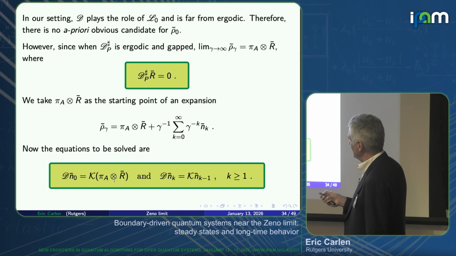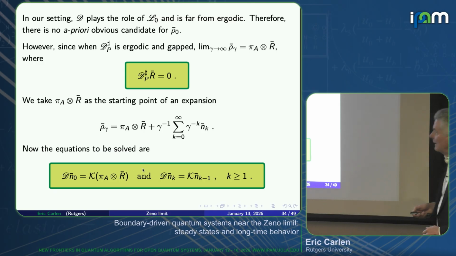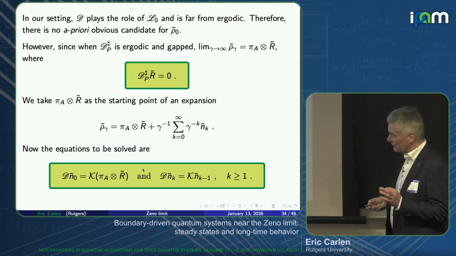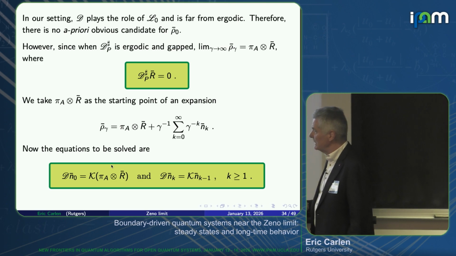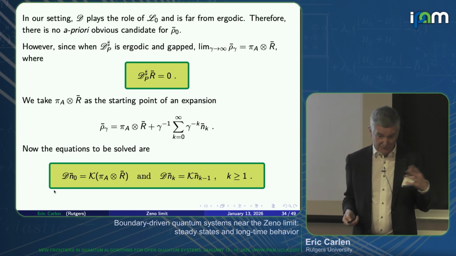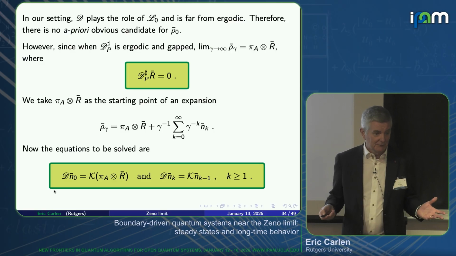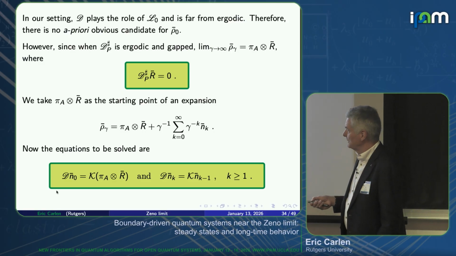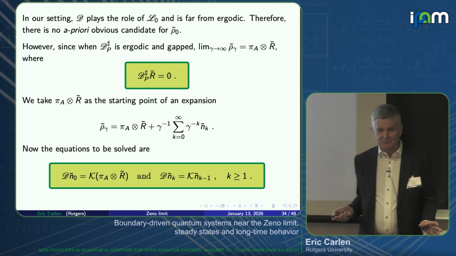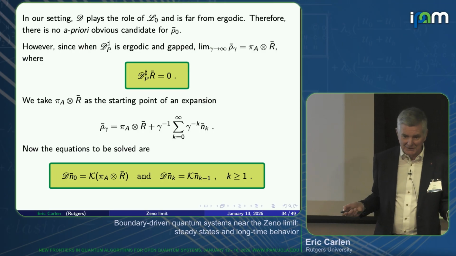You plug this into the equations, and now these are the equations that you have to solve. And now it's a little more subtle, because the D has a large null space, and therefore it has a correspondingly small range, and you've got to satisfy the Fredholm conditions, and does this work out?